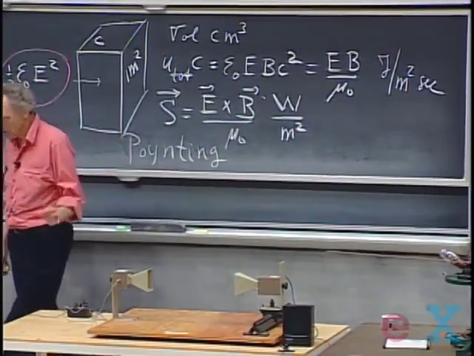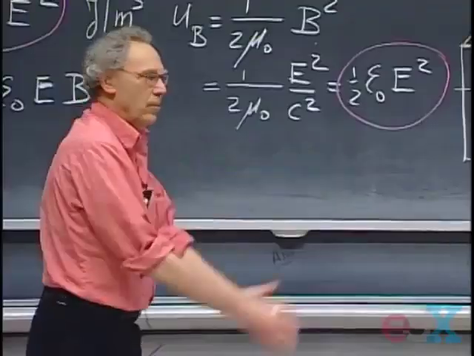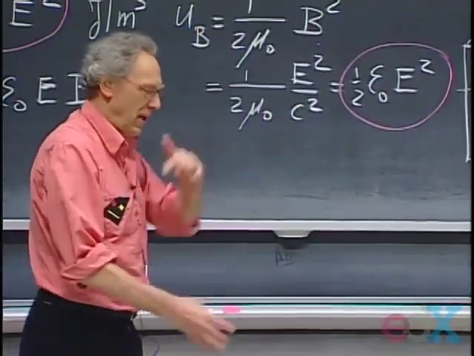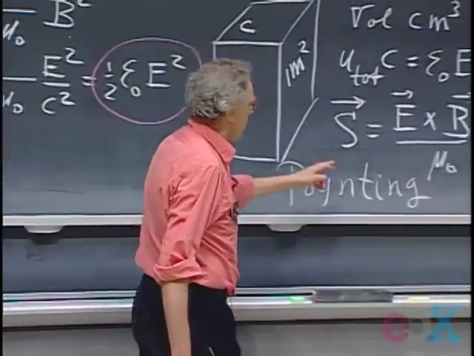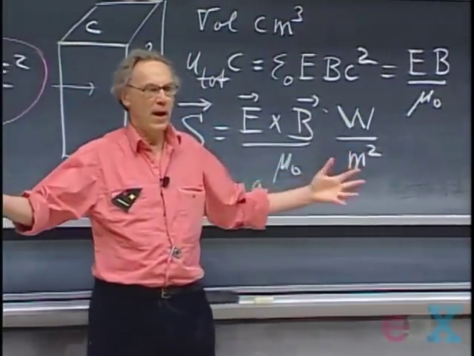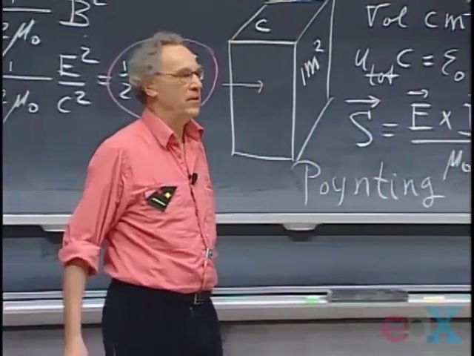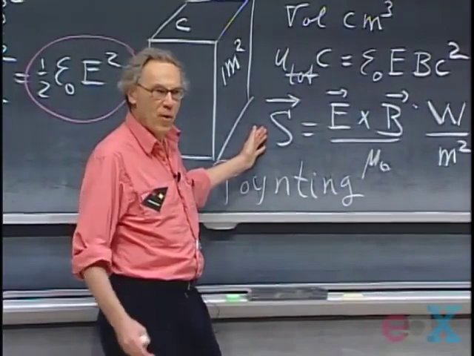How many joules per second, 1 square meter, to a plane perpendicular to the direction of propagation. Now, E and B are changing with a frequency omega, cosine omega t or sine omega t. And so S is changing with the cosine squared of omega t.